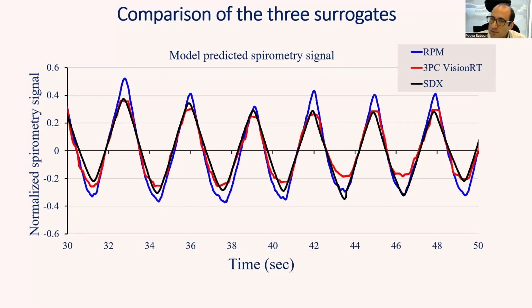What we observed was that the Vision RT surface signal provided a closer match to the spirometry waveform than the RPM did. This suggested that the higher dimensional surface tracking contains richer information about the breathing, likely capturing subtle chest and abdominal motions, because breathing is at least induced by 2 actuators. And those were better in predicting the internal volumetric airflow than using a single marker trajectory such as the RPM.